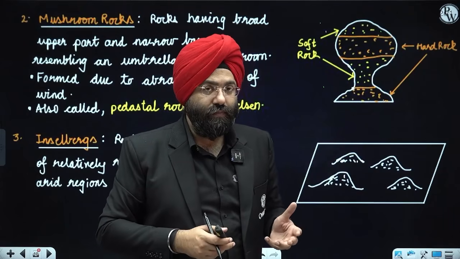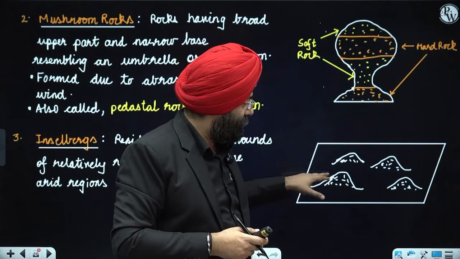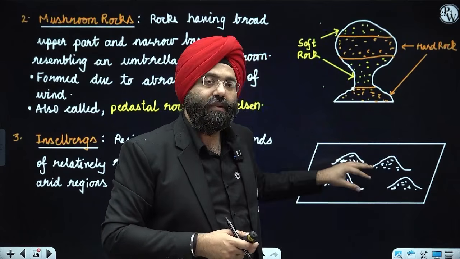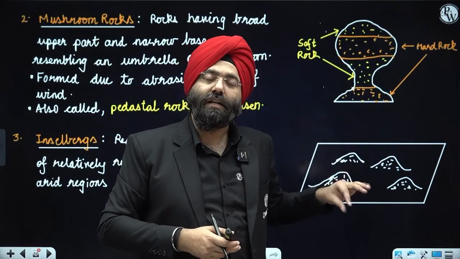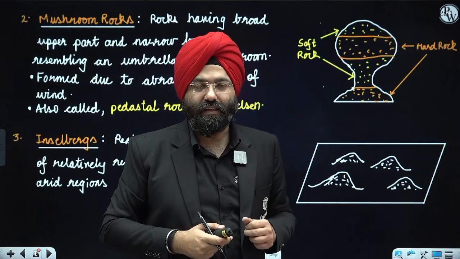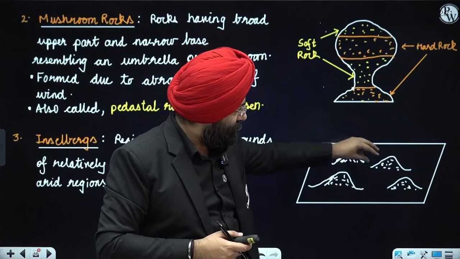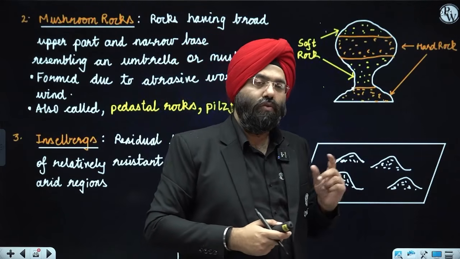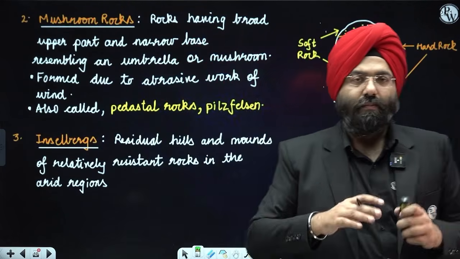They were not eroded properly. So what remains, let us say this is again a desert region, these are small mounds that are present. These are because of the harder nature of the rock and they were more resistant to the wind erosion that was taking place. That is why it appears like these small mounds present here. This is an outcome of the erosional activities that have been taking place in the arid region.